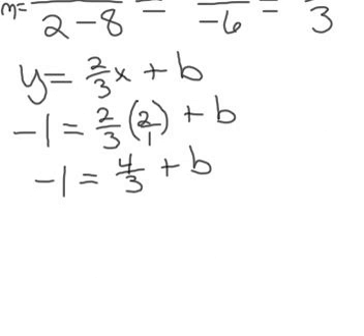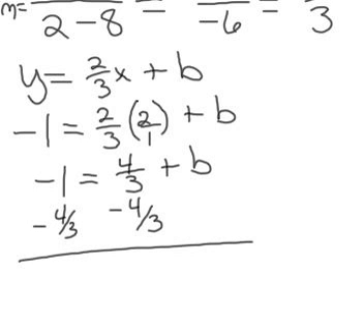Okay, move the 4/3 left, so I'm going to minus 4/3, minus 4/3. And -1 minus 4/3, you'd add and keep the sign. And -1 is actually, so we have common denominators, 3/3.